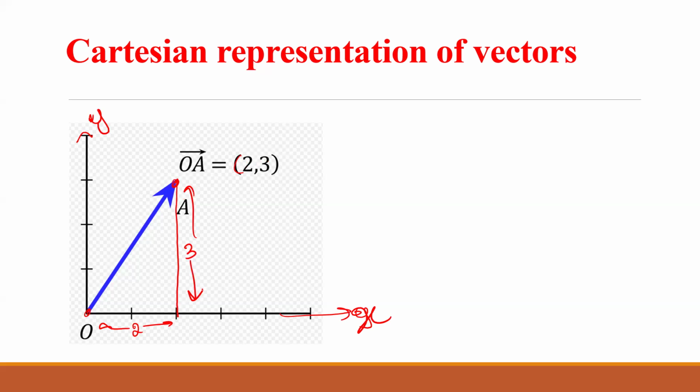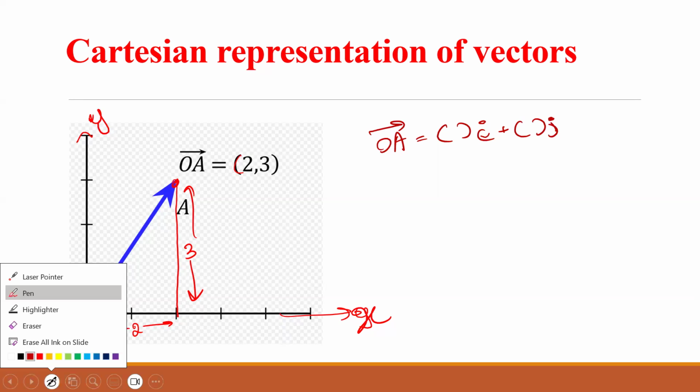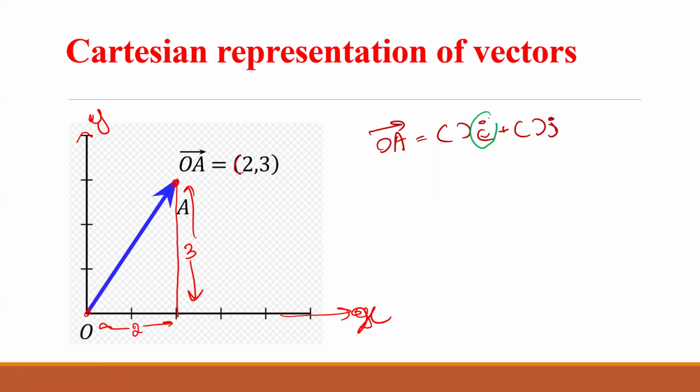So that means we can represent this vector in the Cartesian form. Cartesian form means something times i plus something times j. If you can write it like this, we call it Cartesian form. So this i and j are unit vectors. i is the unit vector along x.